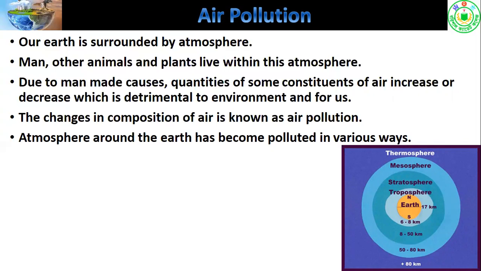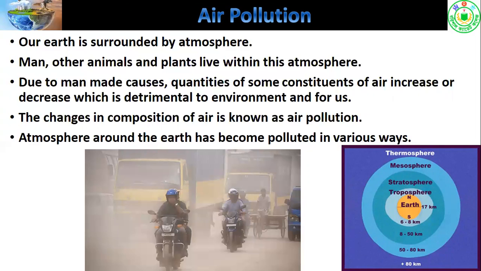If the air in the troposphere, our surrounding atmosphere, gets polluted, then it will cause breathing problems for us, and we may have diseases; our blood pressure gets high, and different types of diseases are caused because of this air pollution. See how air pollution is hampering the city area.